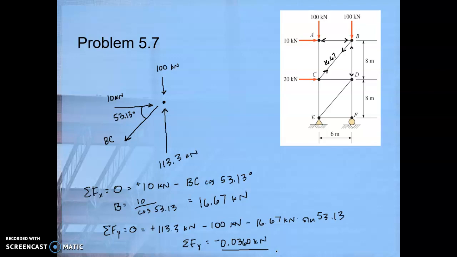So that's it for truss analysis. I don't think it's a difficult process, but it is repetitive. It is lots of steps, lots of calculations, lots of opportunities to confuse sine and cosine, or leave out an externally applied load, or to just hit the wrong button on your calculator, or get a couple numbers mixed up.